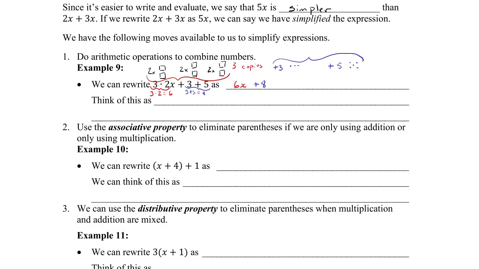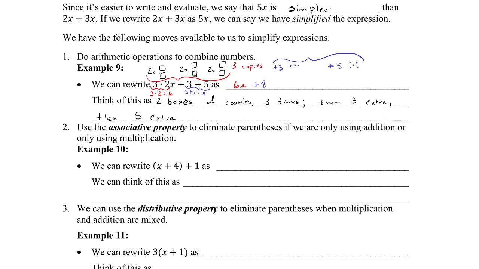But we can't combine the 6 boxes of cookies and the 8 extra cookies because we don't know how many cookies there are in each box. So we don't know if the 8 extra cookies give us like 4 extra boxes or if they're not even enough to make up 1 extra box. We just need to leave it as 6x plus 8. We think of this as 2 boxes of cookies 3 times, then 3 extra, then 5 extra. And that ended up giving us 6 total boxes, 8 total extra cookies.